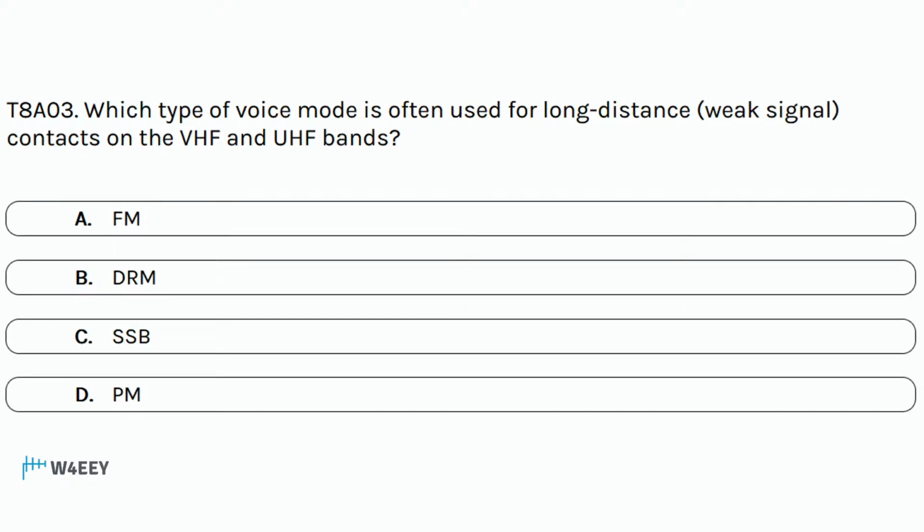Which type of voice mode is often used for long-distance weak signal contacts on the VHF and UHF bands? Which voice mode goes to the farthest? Charlie. Yep, single sideband, which is what I like to do. In fact, I had some single sideband contacts with Europe this afternoon.